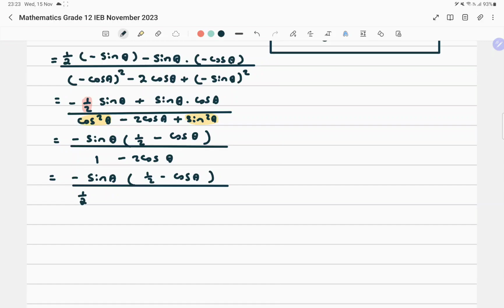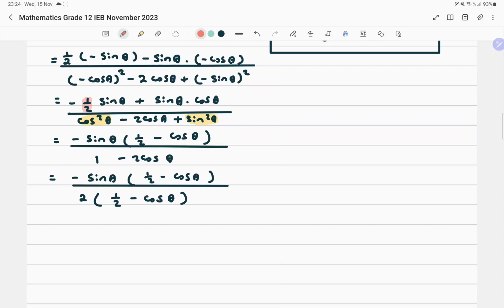Essentially, to get a 1, we need to pull a 2. I think it's best if we pull a 2, so we pull out a 2 as a common factor. With numbers, you can always play. Now this one leaves us a half minus cos theta. That was the tricky part, actually. Otherwise, the rest was standard stuff.